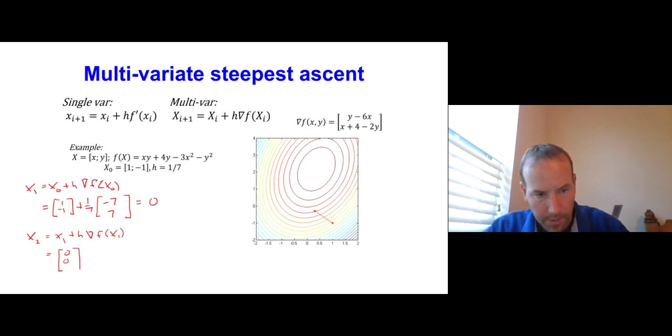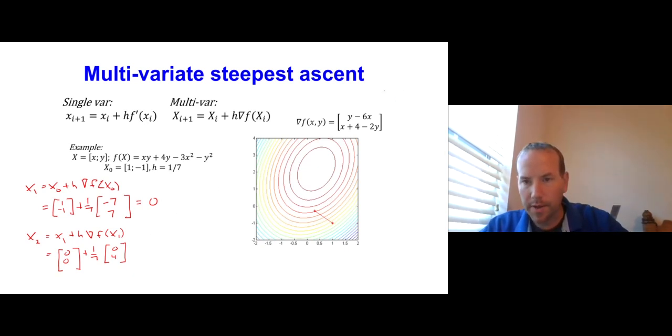We're already at 0, plus 1/7, which is our step size, times 0 and 4, which is our gradient. Remember, we're just using the gradient that we have up here at the top right. Equals 0 and 4/7.